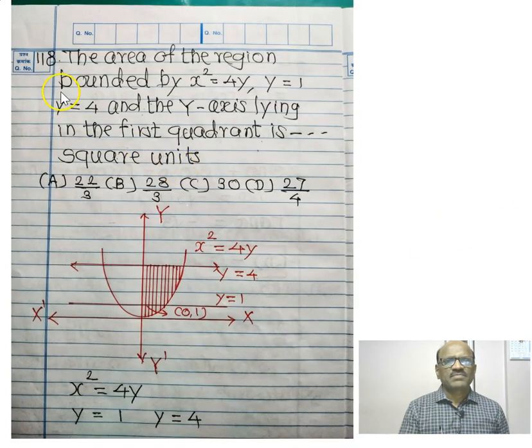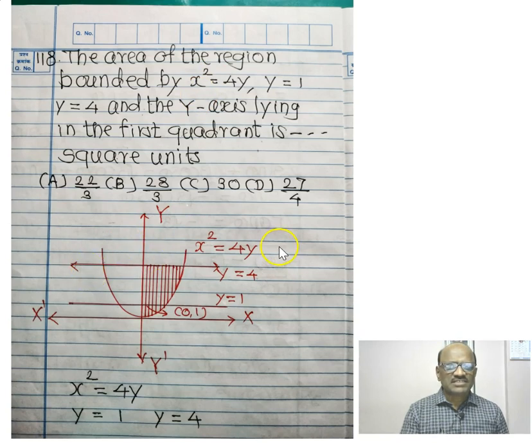Now next, the area of the region bounded by x square is equal to 4y, y is equal to 1 and y is equal to 4, and the y-axis lying in the first quadrant is... now see this parabola, x square is equal to 4y.